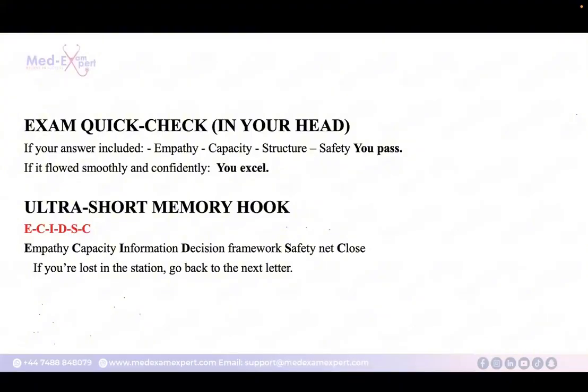Okay, and if you're lost in a station, go back to the next letter. So it means that if you feel that you don't remember anything, just be yourself. Show that empathy. Talk about information, involving your senior. Talk about MDT. Okay.